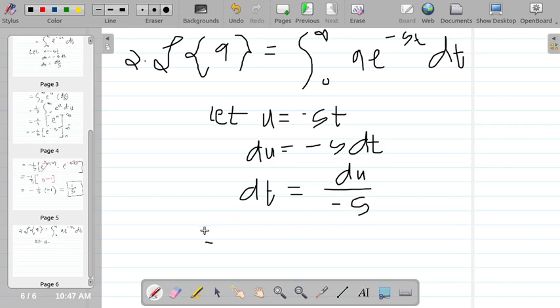So, we substitute the integral from 0 to infinity of 9 e raised to the power of u, which is negative st. So, we let this negative st be u. Then, dt is du over negative s.